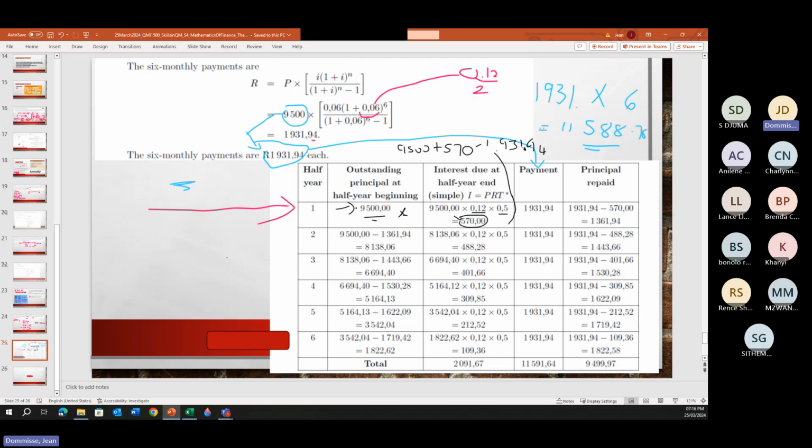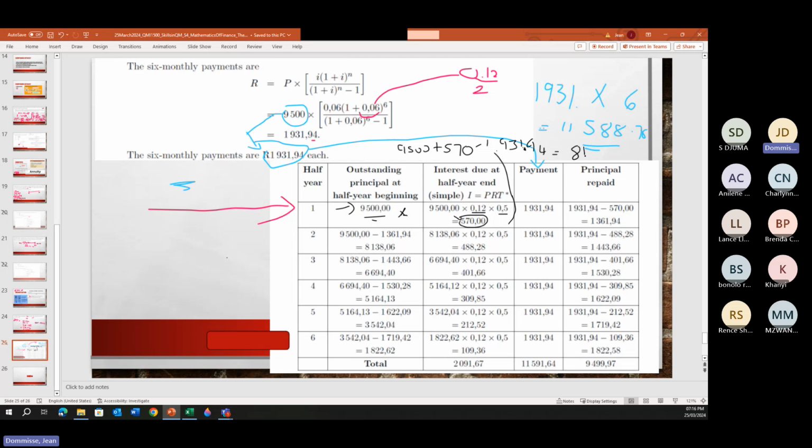So after that first 6 months, what is left of my loan is 9,500 plus 570 minus 1931.94, which you will see is 8138.06. So that is my value that I will start off with again.